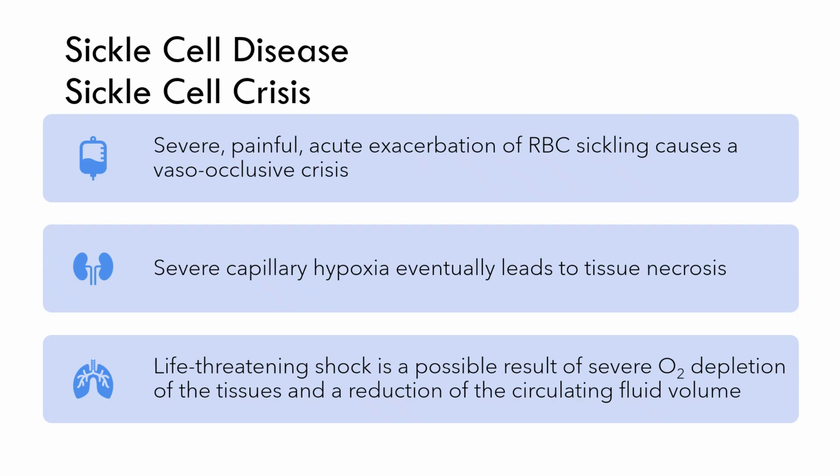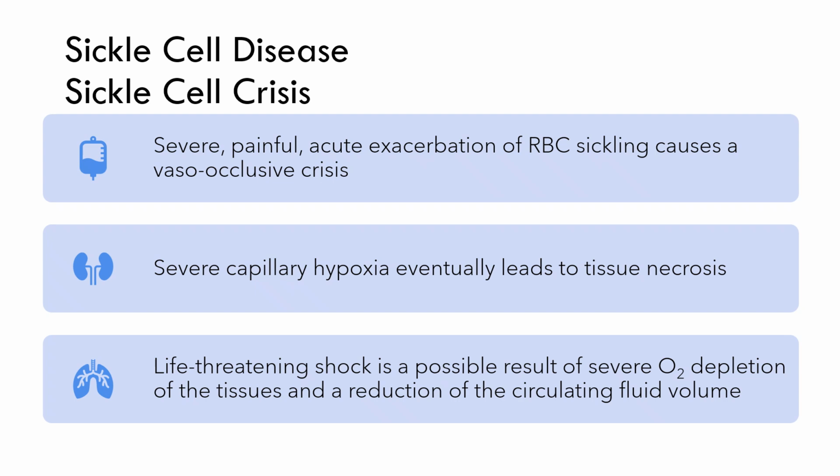Sickle cell crisis is a severe, painful, acute exacerbation of RBC sickling, causing a vaso-occlusive crisis. As sickling cells impair blood flow, vasospasm occurs, further restricting that blood flow. Severe capillary hypoxia causes changes in membrane permeability, leading to plasma loss, hemoconcentration, thrombi, and further circulatory stagnation.